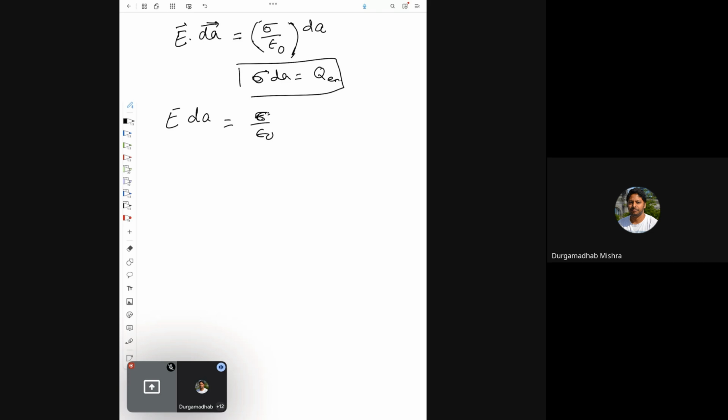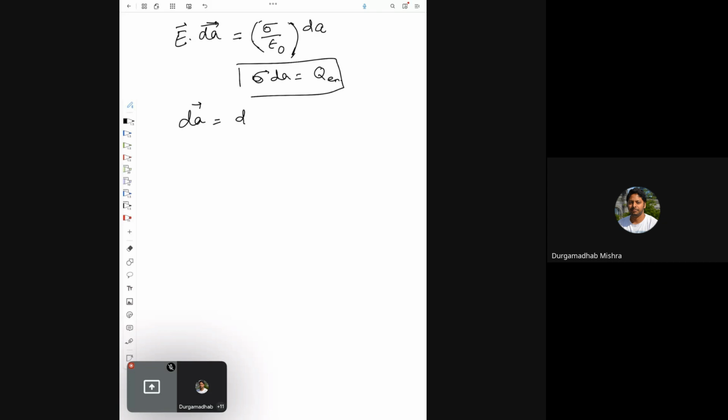So this is how we are using Gauss's law. The electric field and the dA will be in the same direction. So I can now write the left hand side as E dA, which is equal to sigma by epsilon naught dA.